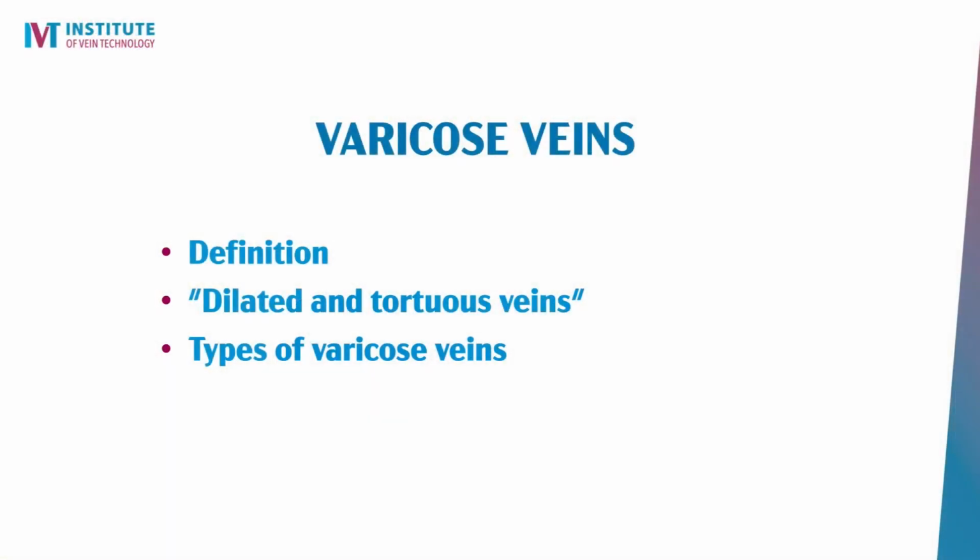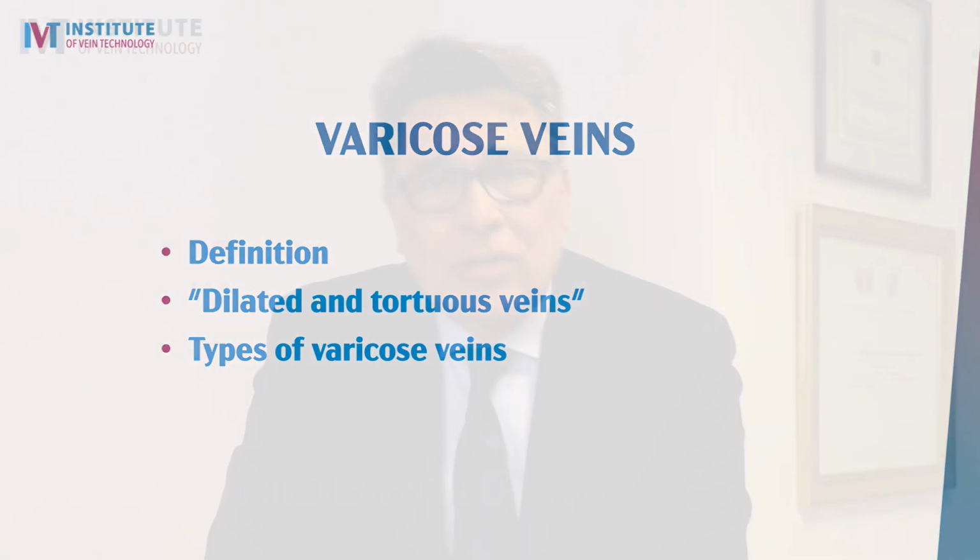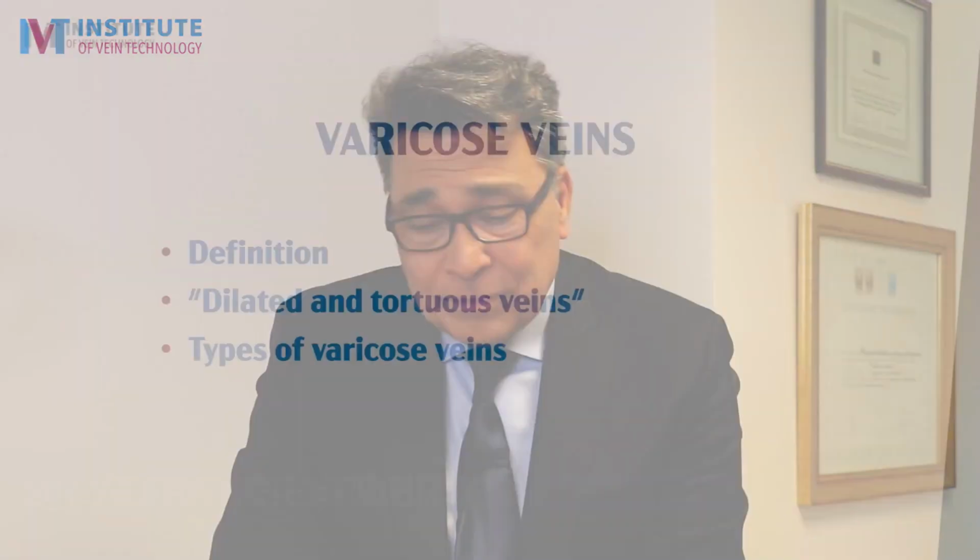And this is truly important. Let's go to the definition. So varicose veins, we are talking about veins dilated and very tortuous in the extremities or limbs. That's for definitions. We don't see varicose veins on the other areas of the body. So we're talking about lower limbs.